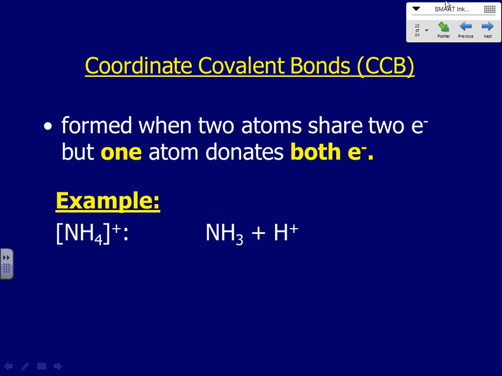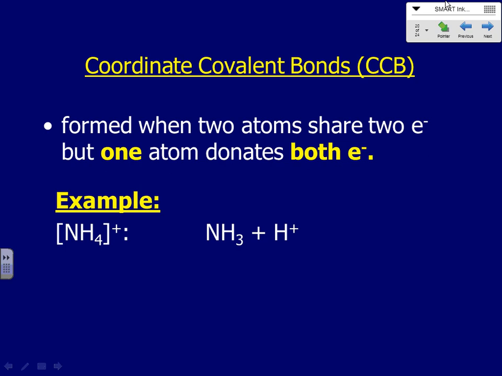So in this case, instead of two bringing one each, one of the atoms donates both electrons to the bond. Because we know that a bond contains two electrons, but in this case, one atom donates both.